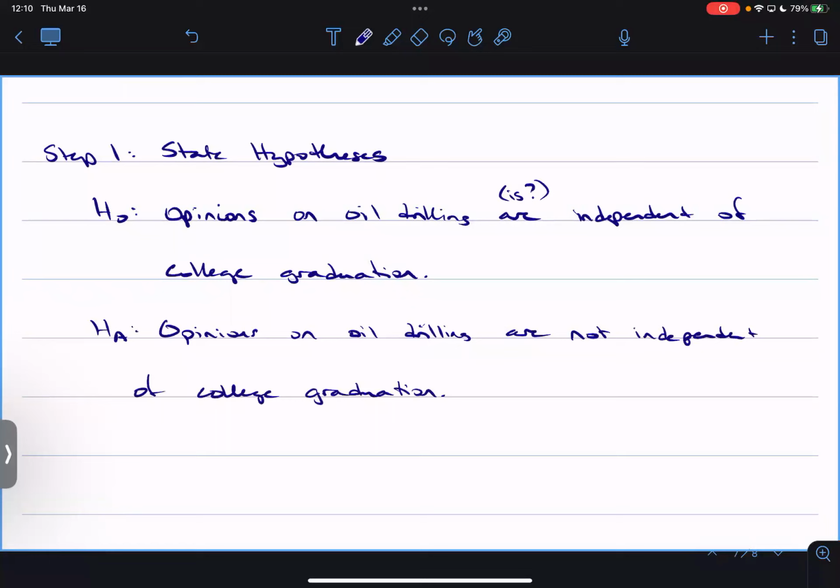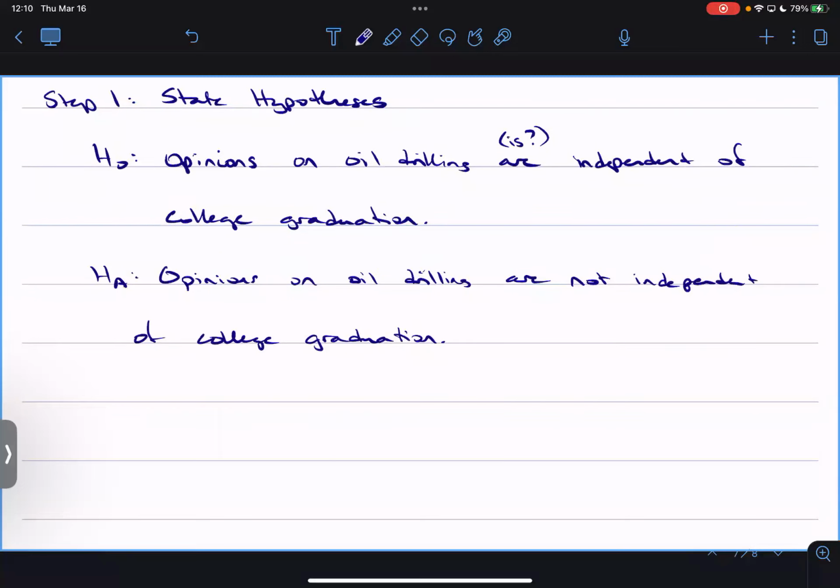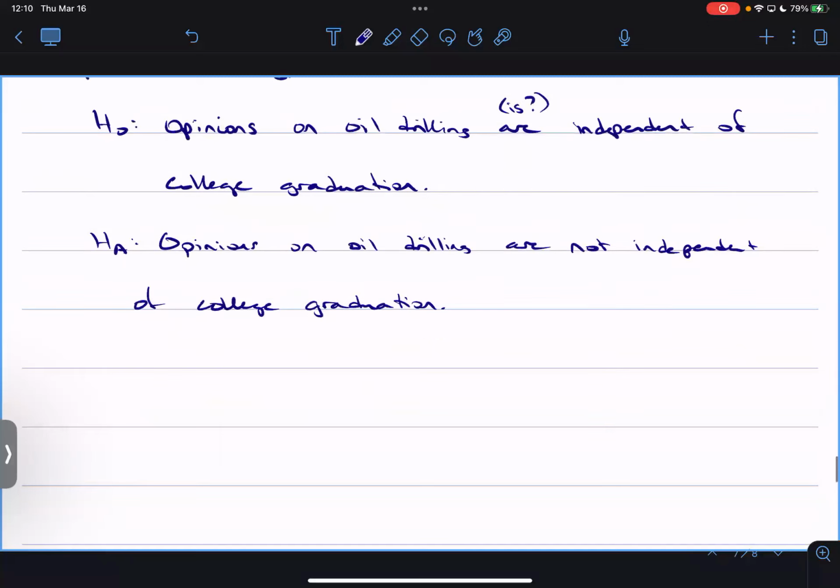Usually we mention a degree, if someone has a degree or not, but I'll just keep the same variable name. Okay. I always think the null and alternative hypotheses are almost the hardest part, because once I have those, then it's just calculations. But the wordings can be a little bit weird.